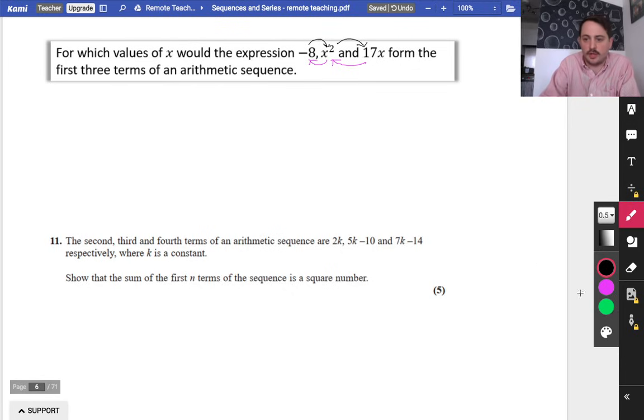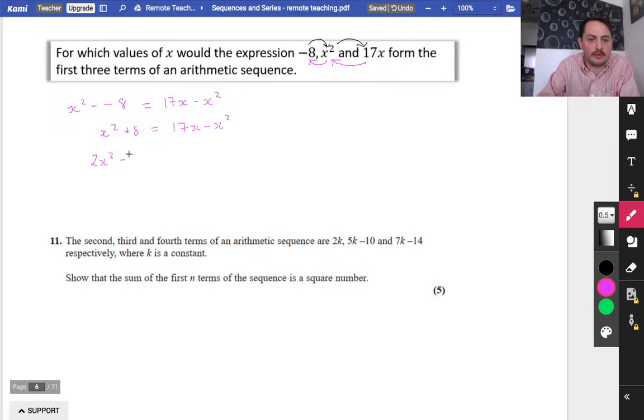But I'm going to just go with the purple one that I had, so I better stick with my purple pen actually. Okay, so I'm going to do x squared, and I'm going to take away -8, and I want that to be the same as 17x, take away x squared. So that becomes x squared plus 8 equals 17x minus x squared, and there it is, a quadratic that we've got. So I'm going to get everything onto one side.